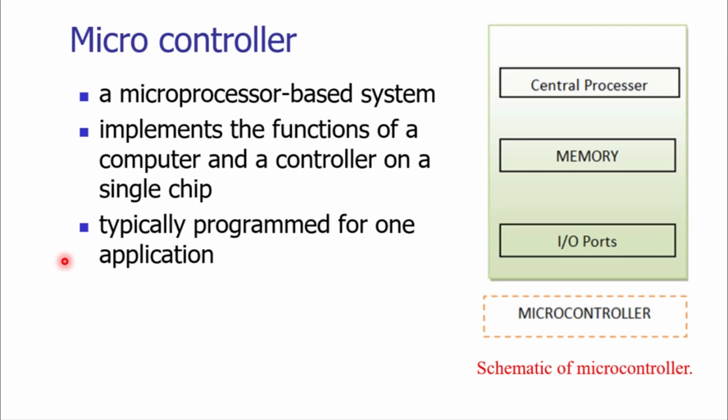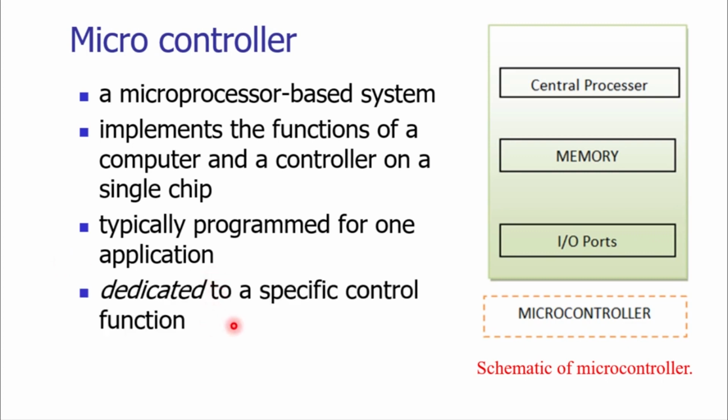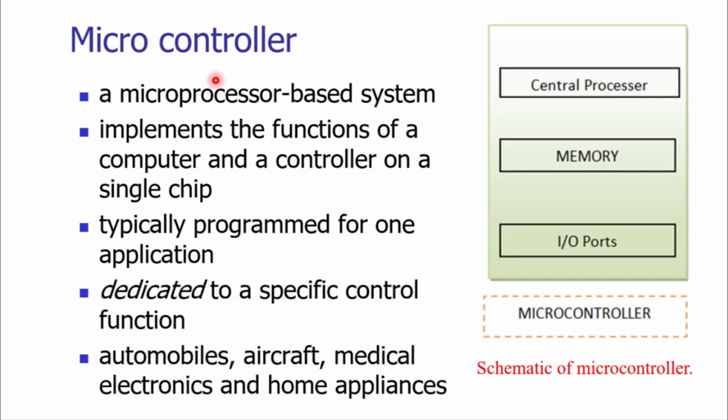To control the operations of washing machines, which have limited capability, we cannot change its program. It is dedicated to a specific control function. So generally microcontrollers are used in automobiles, aircrafts, and medical electronics, and majorly they are being used in home automation and home appliances.